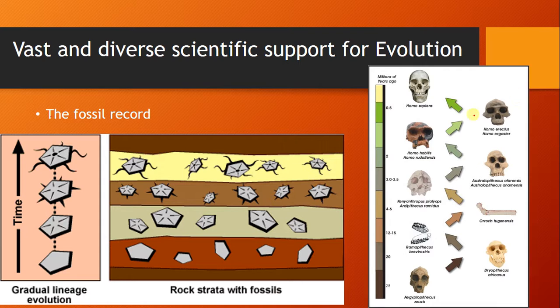We've found many examples of intermediate species on the way between an ancestor and different branching-off points. One of the great examples is Homo sapiens. We've seen many steps in between the evolutionary ancestor and the common modern species.